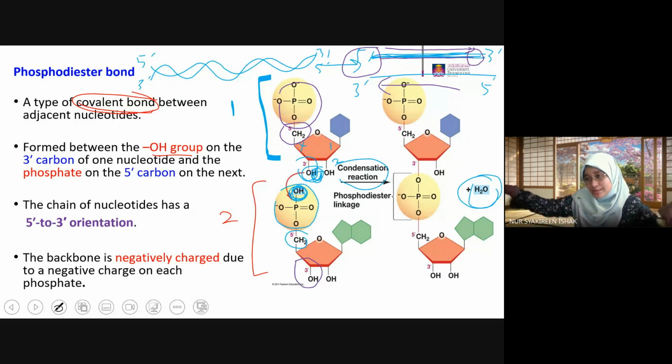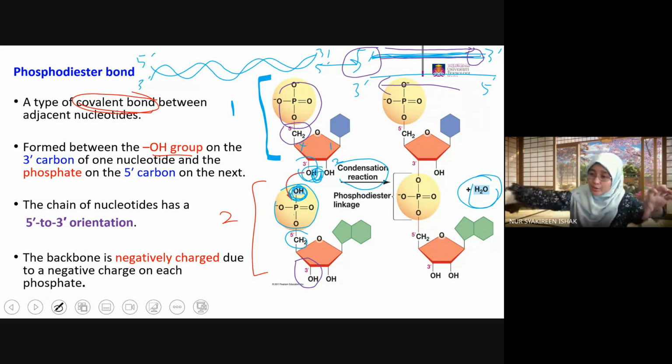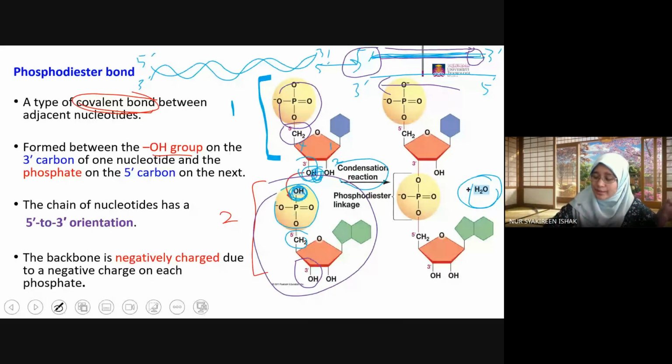The first nucleotide, the 5 prime carbon, is bonded to its phosphate, it is free and doesn't bond to anything else. At the other end, the nucleotide has a 3 prime carbon with a hydroxyl group.